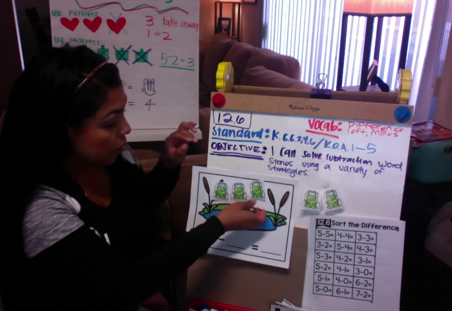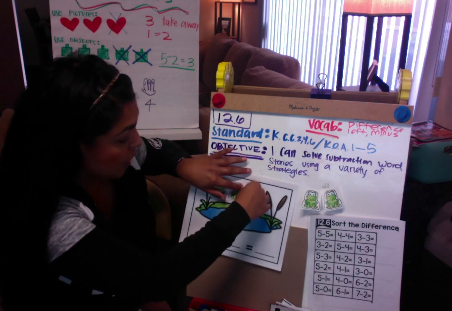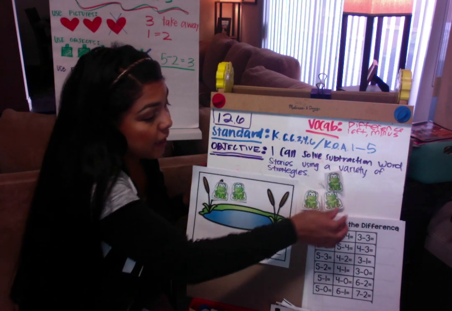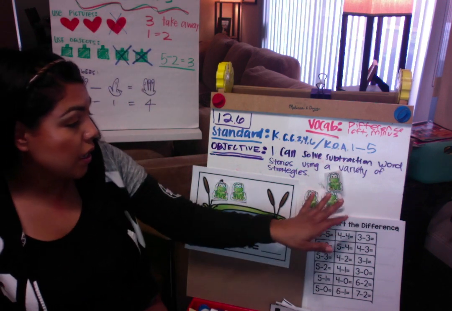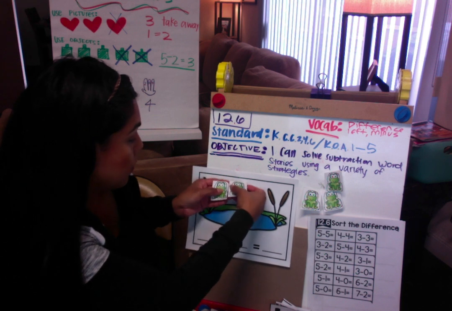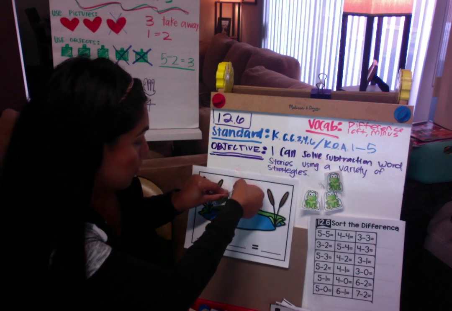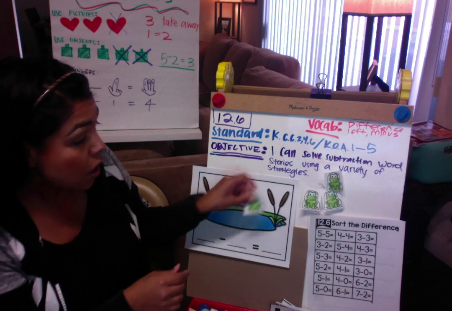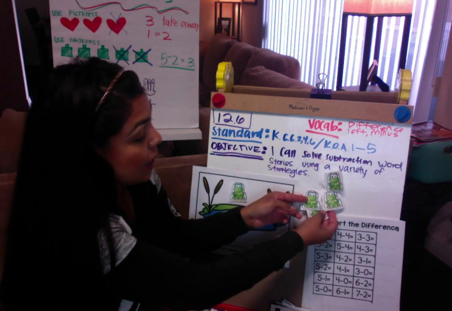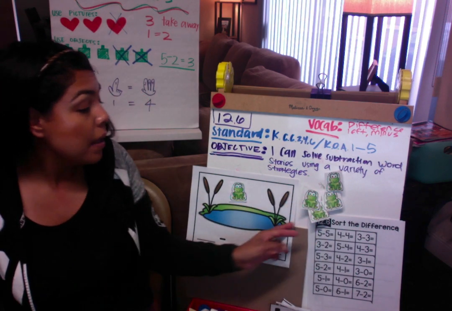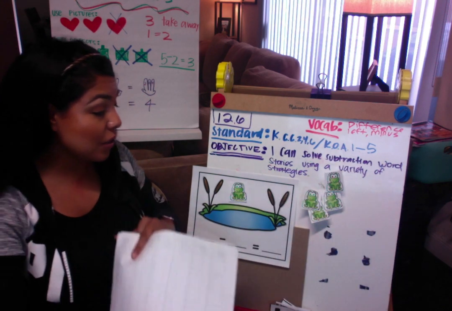Okay, so let's make sure we take out how many? 4. Good. So I'm going to put my extra frogs. 1, 2, 3. Oh, now you got 1. 1. Good job, Maverick. Yes, I only have 1 frog left because I had 4 frogs that hopped out. So I put all my frogs over there. Bye, froggies. I'll see you later.